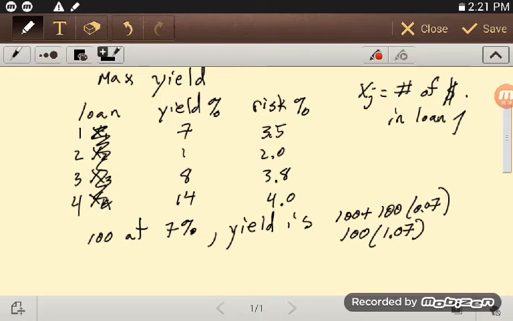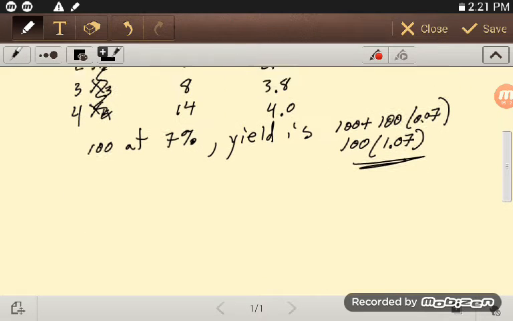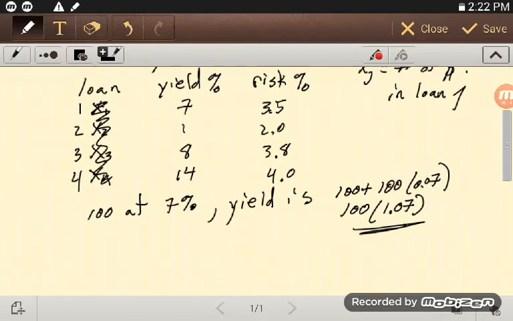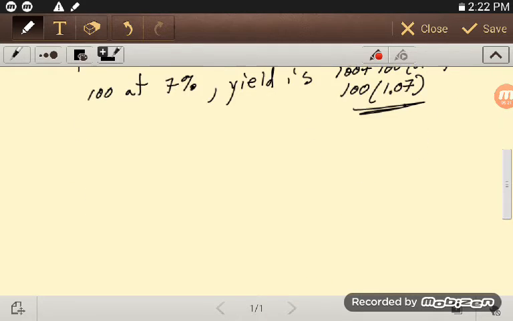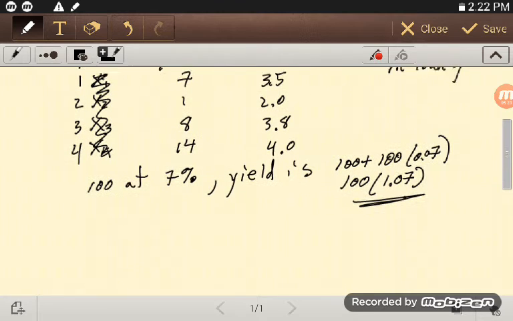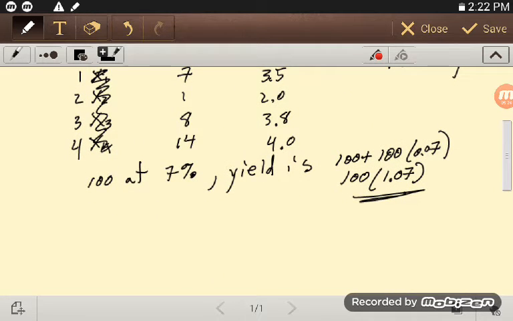But it's one of those things that if we formulated it this way and we took it to a customer and the customer said, no, no, no, yield is just the percentage part, the $7 on that 100, then we'd change it. That's part of the modeling process. The back and forth is part of the modeling process.